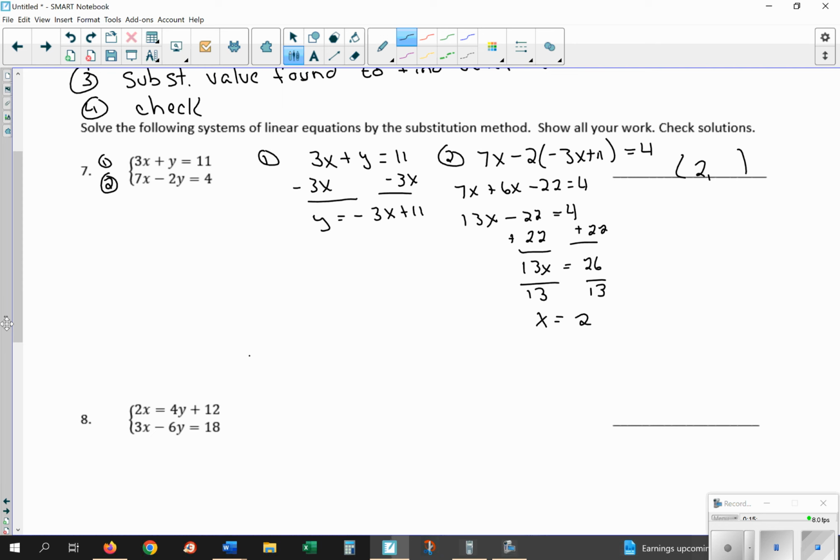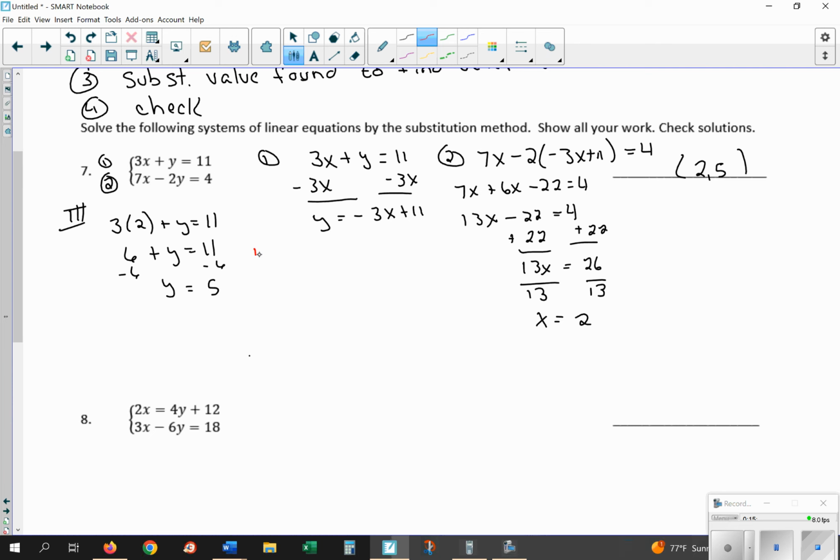So let's go back and find our y value. And let's see. Actually, I think it'd probably be easier to start in the other one, so we'll go ahead and do that. Step 3, we have 3 times 2 plus y equals 11, or 6 plus y equals 11, so that y is equal to 5.